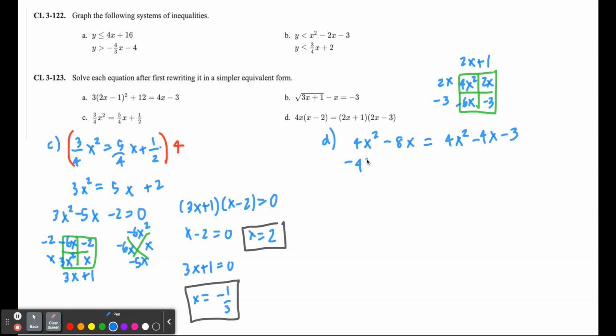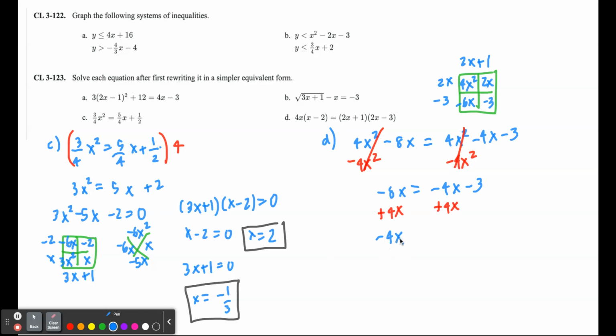Oh, nicely, when you try to set it equal to 0, you notice these go away. So then you get negative 8x equals negative 4x minus 3. You add 4x to both sides.